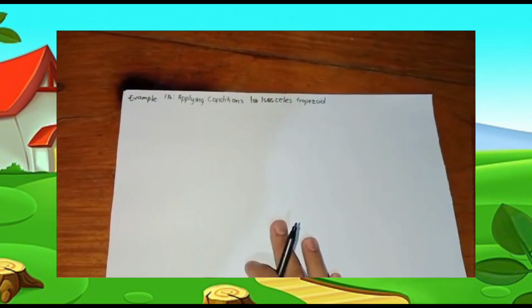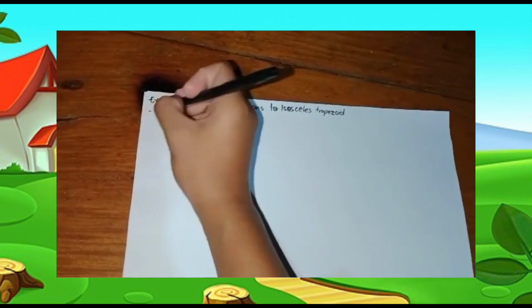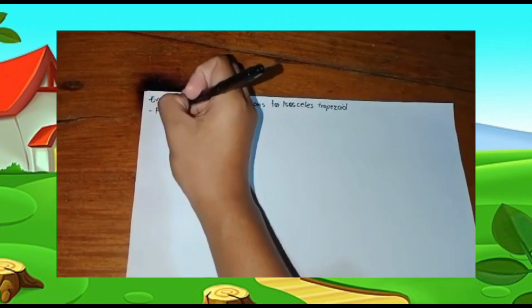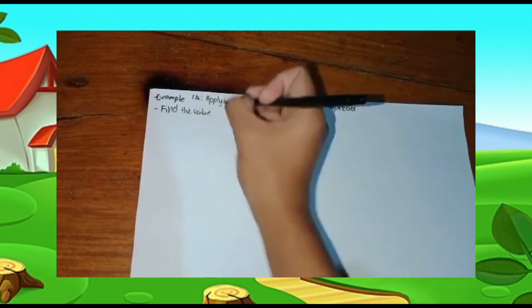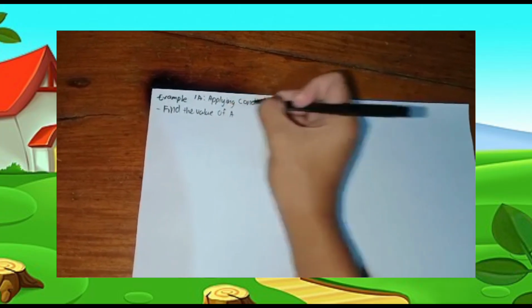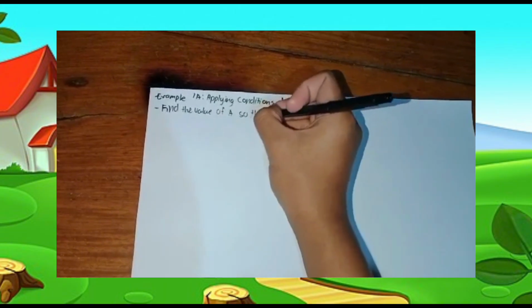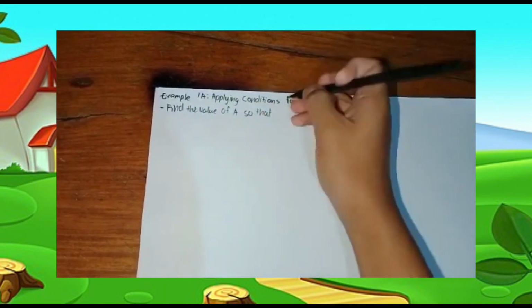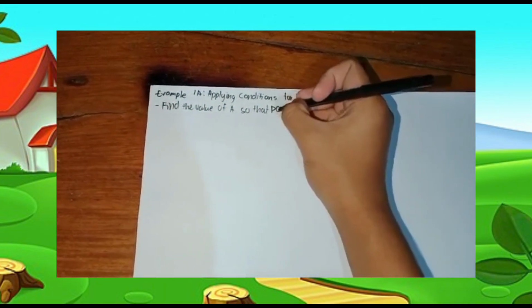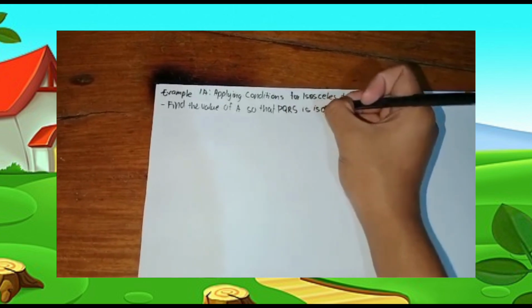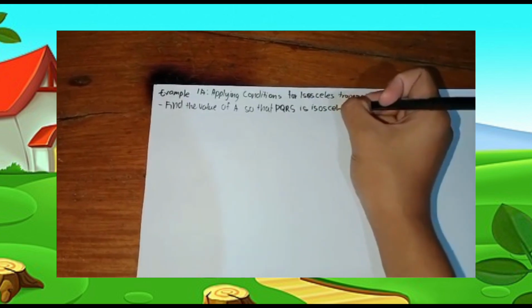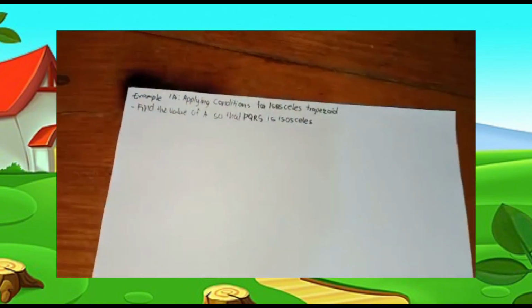Now let's find the value of A. Find the value of A so that PQRS is isosceles. Now, let's try this shape.